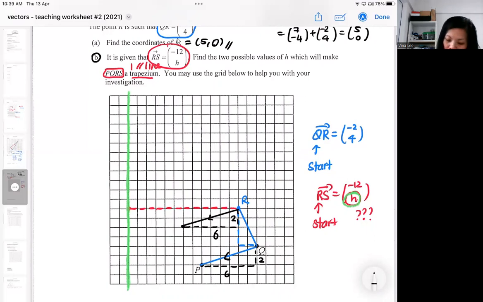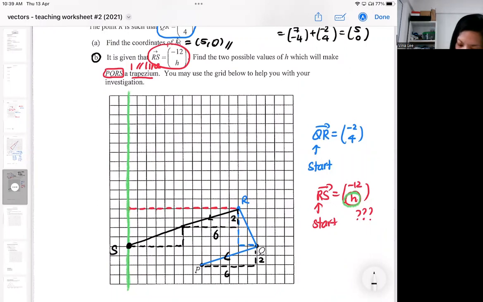So I'm going to count another 2 squares and 6 squares. Then that will be another parallel vector. So this will be my S.